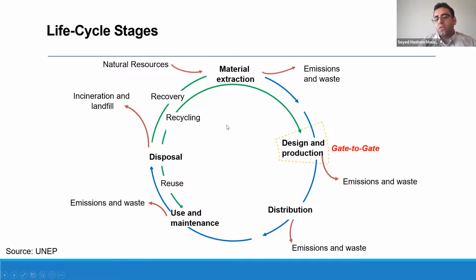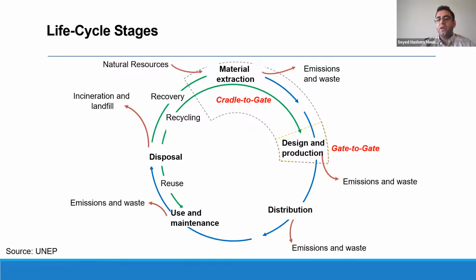Sometimes we want to focus on just certain processes, for example, hydrogenation of oil to produce biofuel. In this case, we may just focus on the production phase, and we call it gate-to-gate analysis. Sometimes we use cradle-to-gate.